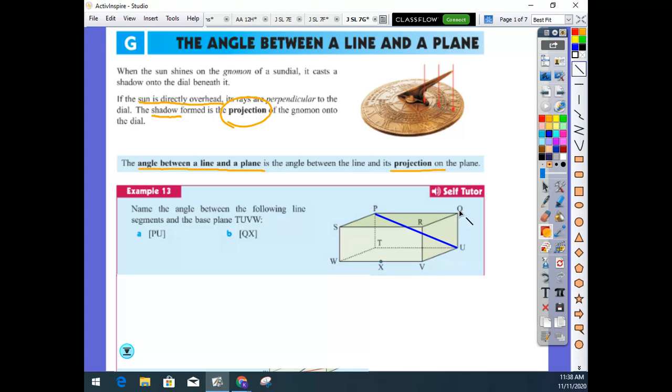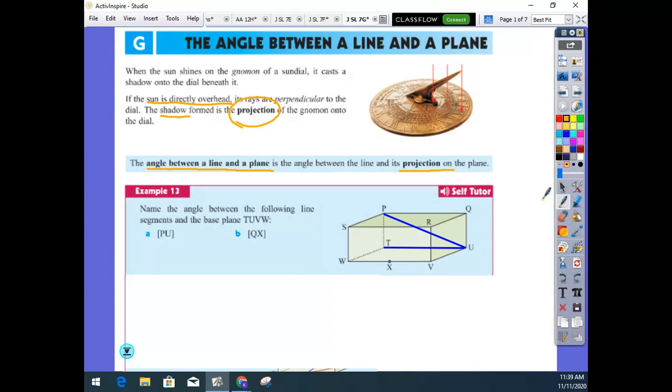So if the sun were directly overhead, can you see if I project it down onto the base plane, kind of onto the floor, that's where the shadow would be. It's directly underneath it.